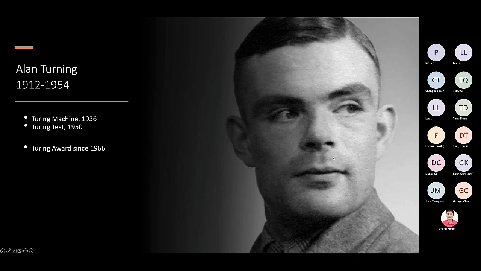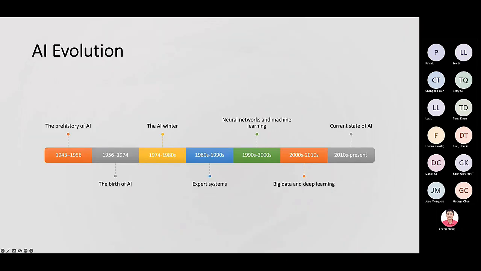Okay, next we will quickly go through the timeline of AI evolution. So ever since Turing defined the Turing test in the 1940s, people started to enter this research field and try to see what kind of advancement or innovation is needed to finally implement the true AI that can pass the Turing test.